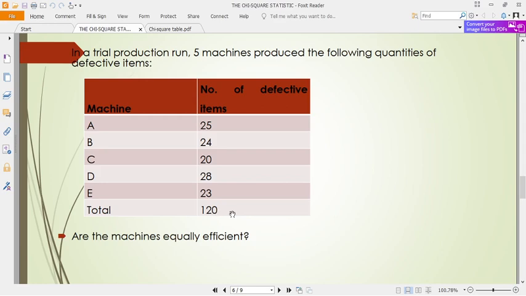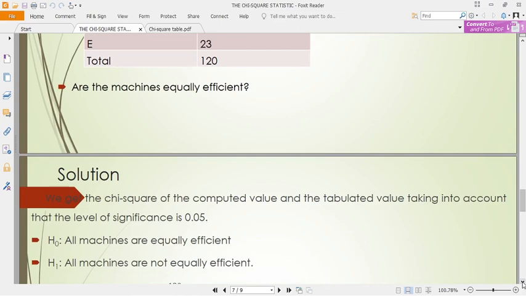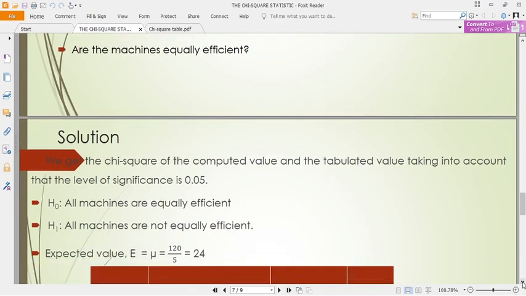So to get the expected, which still means the mean, we shall get our total and then divide by the number of items. So to get our E, we shall have 120, the total of all this, divided by 1, 2, 3, 4, 5. There are 5 machines. So we can use that to get our chi-square calculated.